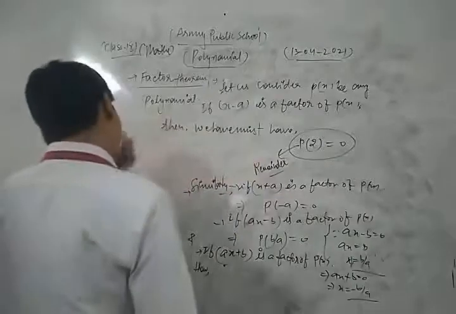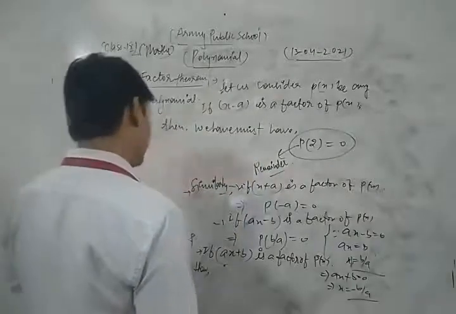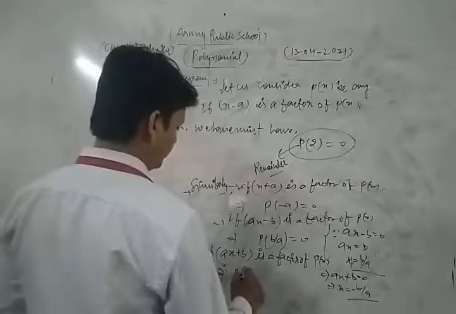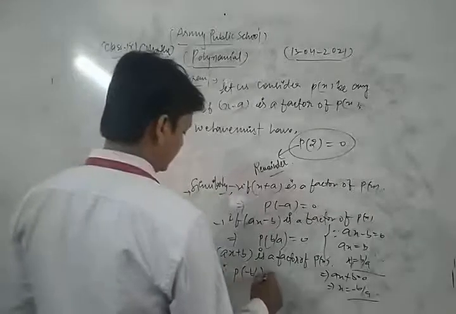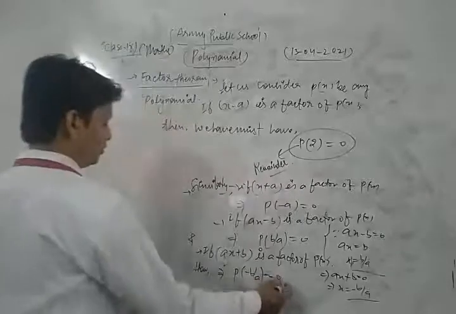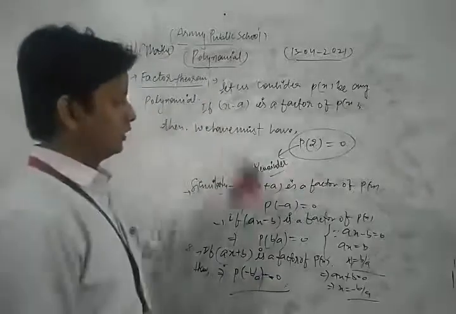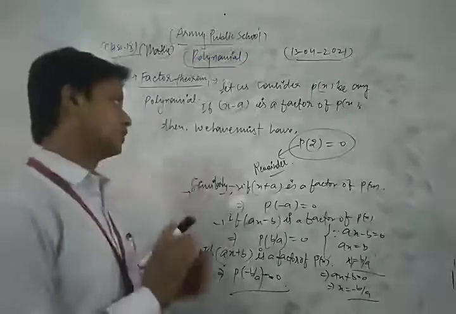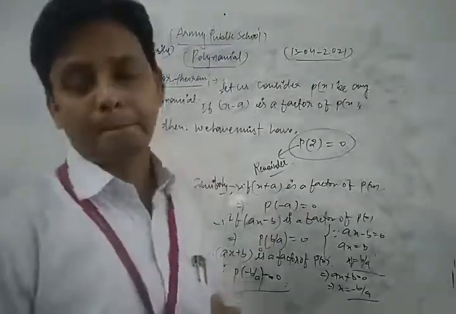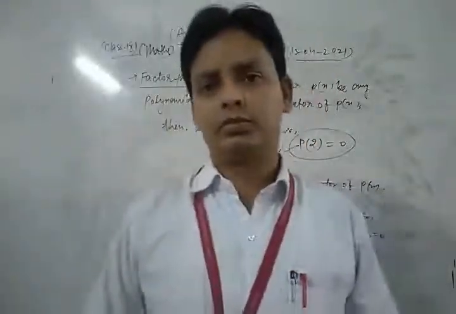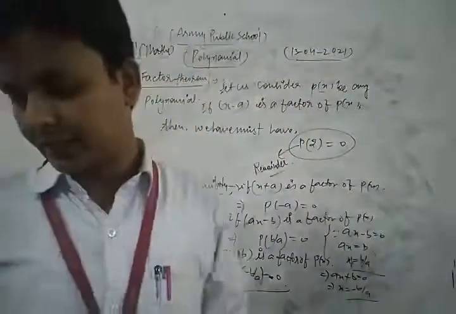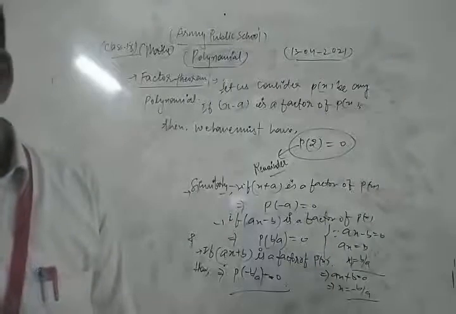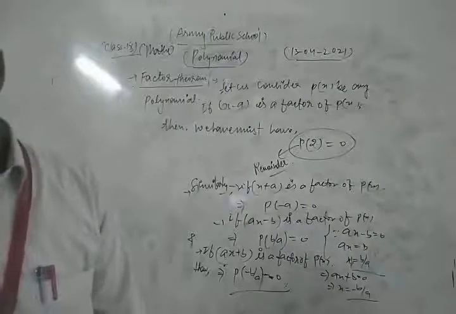Now, if ax plus b is a factor of p(x), then its remainder, p(minus b by a), must be equal to 0. This is the main concept related to the factor theorem. Dear students, now we take and solve some questions based on these topics.